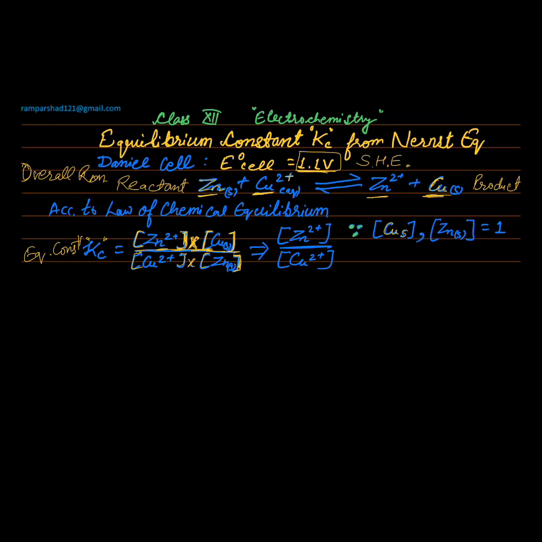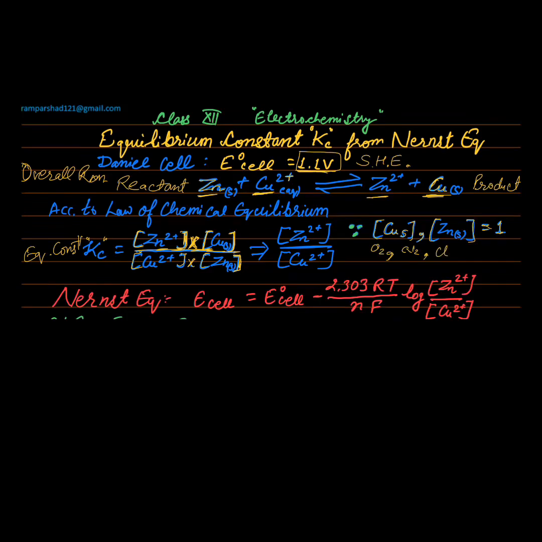It is in the product side, whereas for the zinc solid metal, these two concentrations will be considered as unity, because according to the condition, when a gas is evolved like chlorine, nitrogen, oxygen or any other gas, or in case of solids, when a metal is produced, its concentration is not in the ionic form so that we can measure it.